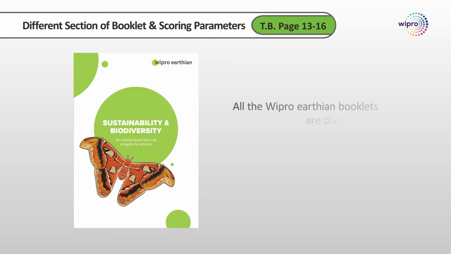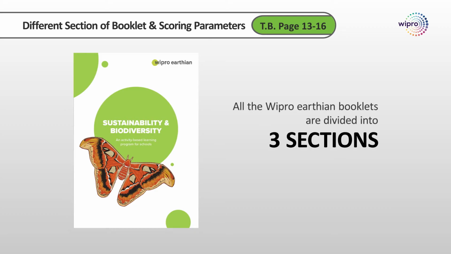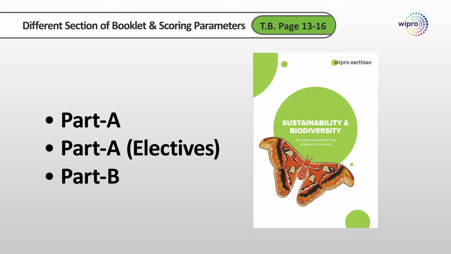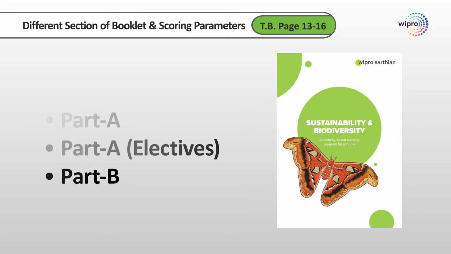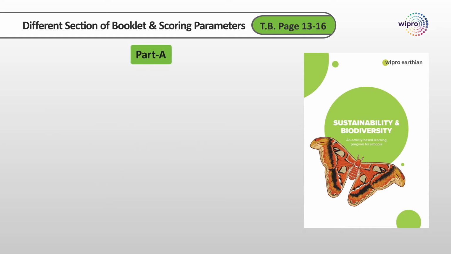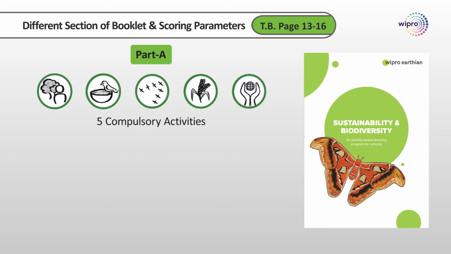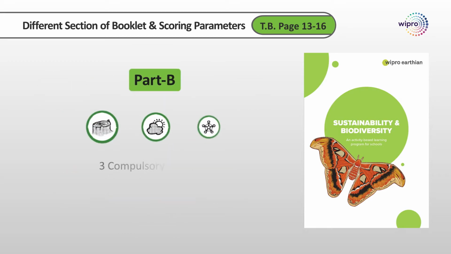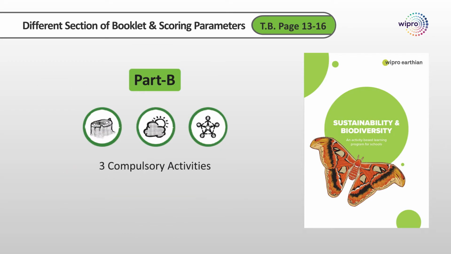All the Wipro Earthian booklets are divided into 3 sections: Part A, Part A Electives, and Part B. The Sustainability and Biodiversity booklet Part A has 5 compulsory activities. Part A Electives has 4 electives, out of which you are required to complete 2. And lastly, Part B has 3 compulsory activities which are based on the learnings of Part A and will require connecting it to the local context and to other domains.